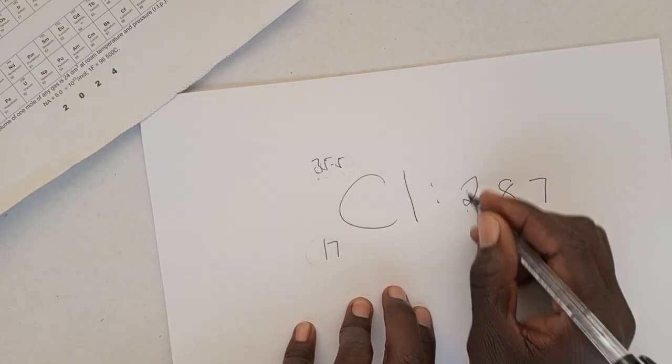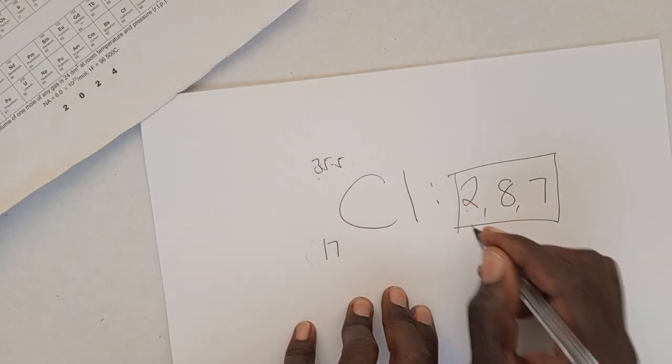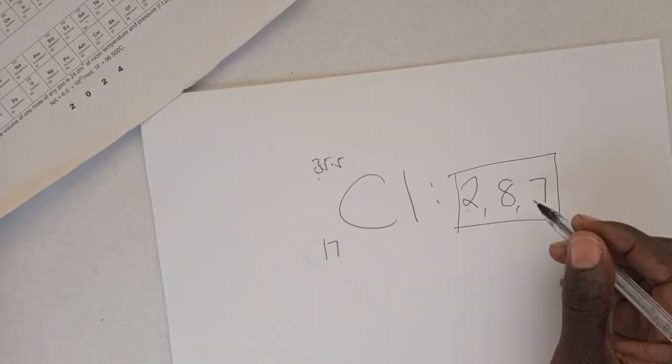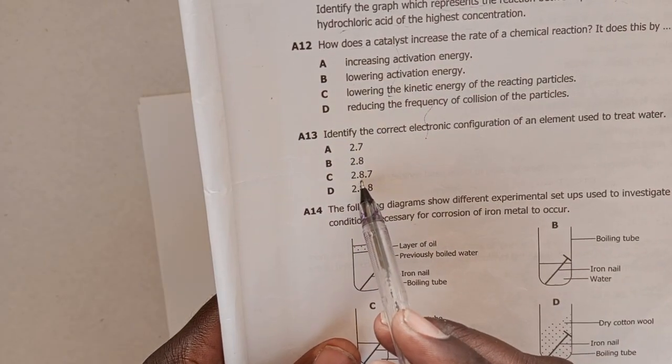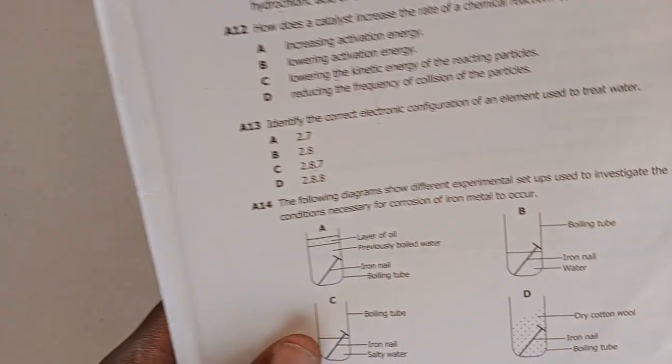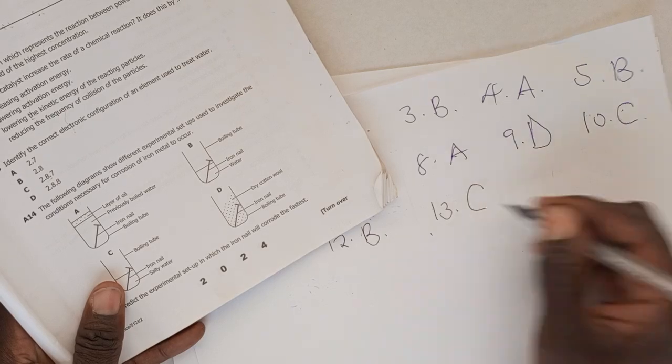So this would be the electronic configuration for chlorine as a substance used to treat water. When we go back to the question, we will look for the one which has this. So the answer should be what? C. The answer for question 13 is C.